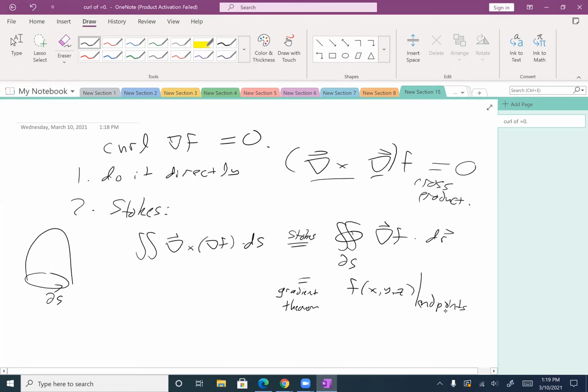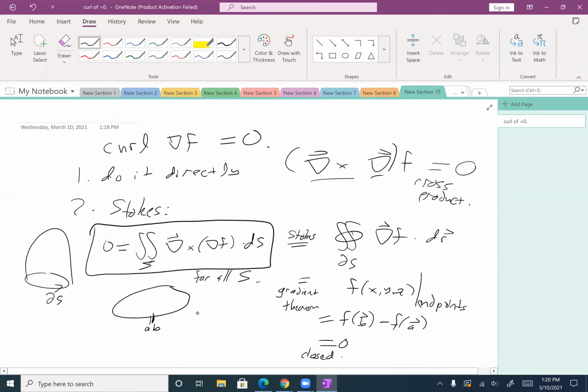But notice the endpoints are the same because it's a closed curve. So we get that this is 0. So therefore, we know that this is 0, so therefore, this has to be 0 everywhere.